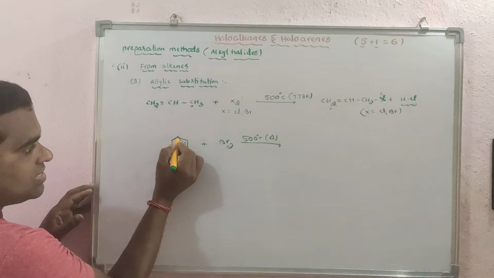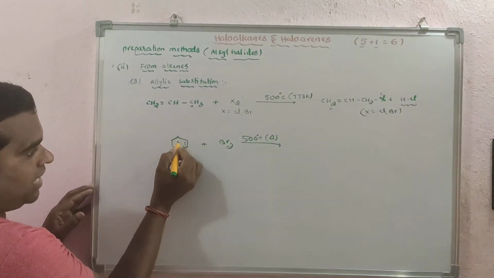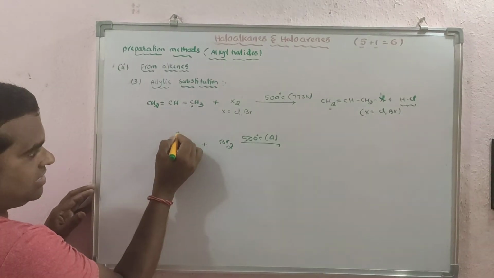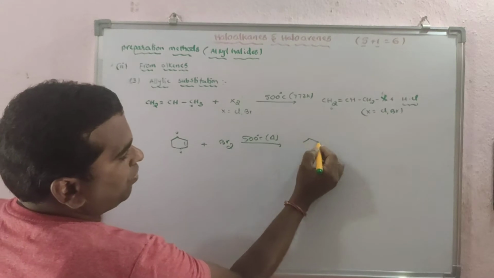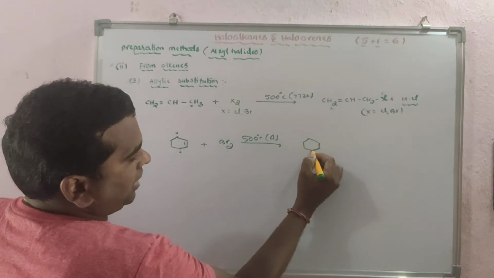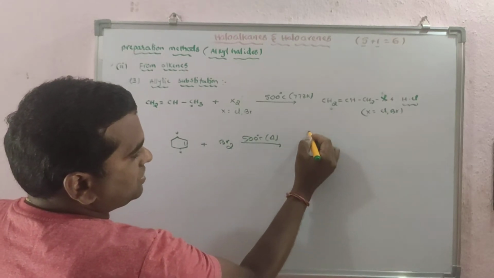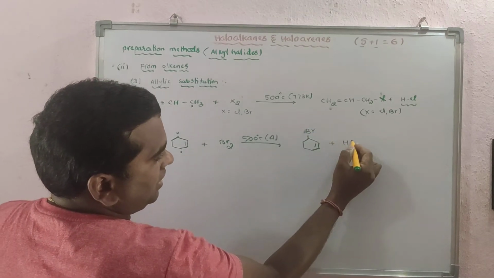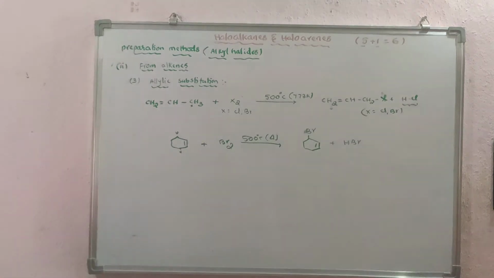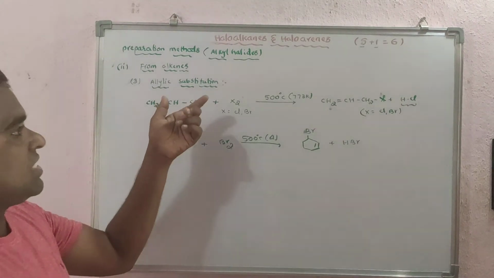This carbon, next to the double bond, and this carbon, both carbons are allylic carbons. So one of the carbon's hydrogen will be replaced by a halogen atom. Then you will get HBr. This we will call allylic substitution.